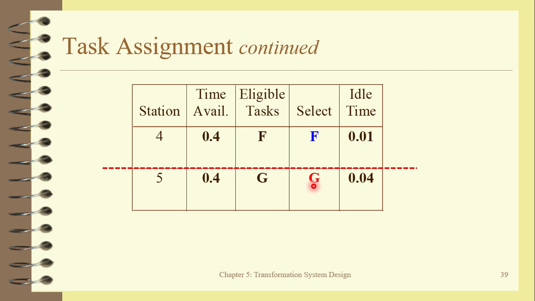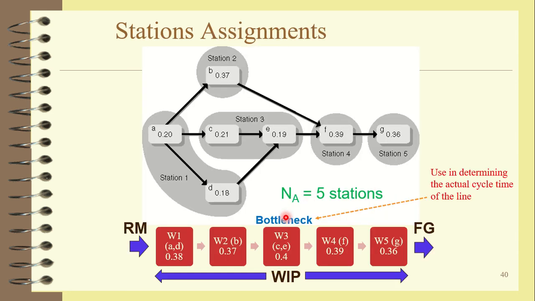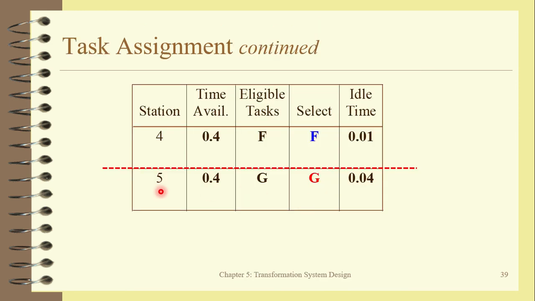So you select task G, and the idle time of the workstation is 0.4 minus 0.36, which is 0.04. This is the way that you allocate tasks to workstations. In this case, NA you can count from the number of workstations that you have done here. So the actual number of workstations is equal to 5.